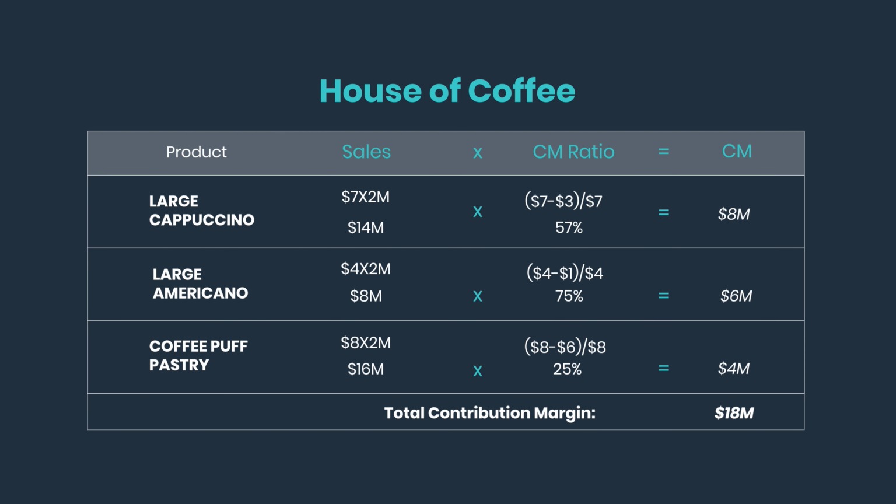But the large cappuccino and large Americano will, because their product contribution margins are $8 million and $6 million respectively. Luckily, House of Coffee does not need to choose between their products, as they expect to sell all three together. And all together at a sales volume of 2 million units of each product, House of Coffee has $18 million to contribute towards fixed cost with leftover revenues for profit.